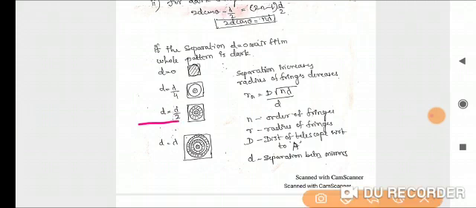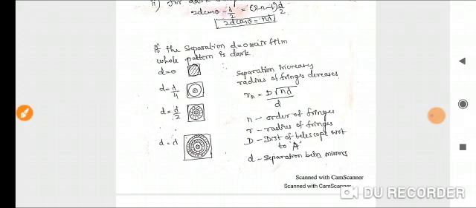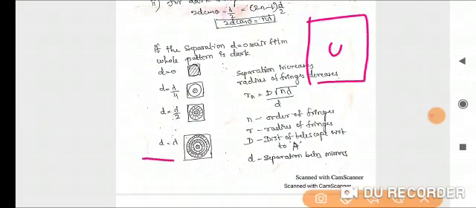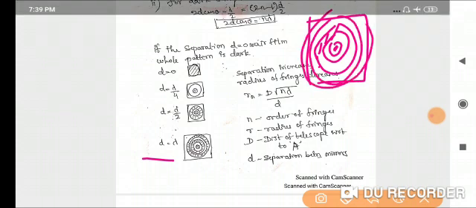Next, D is equal to lambda by 2, the pattern becomes dark, bright, and dark. Next, D is equal to lambda, then the pattern becomes dark, bright, dark, bright, and dark.